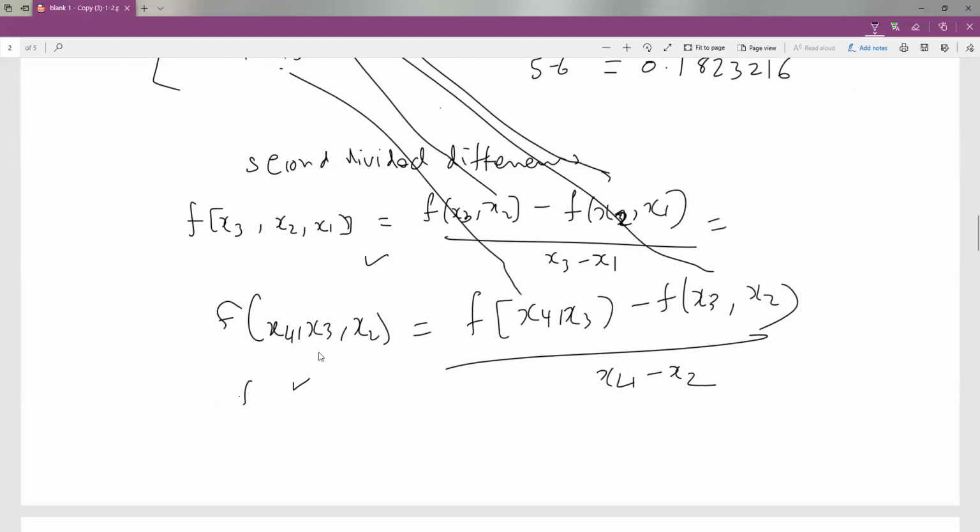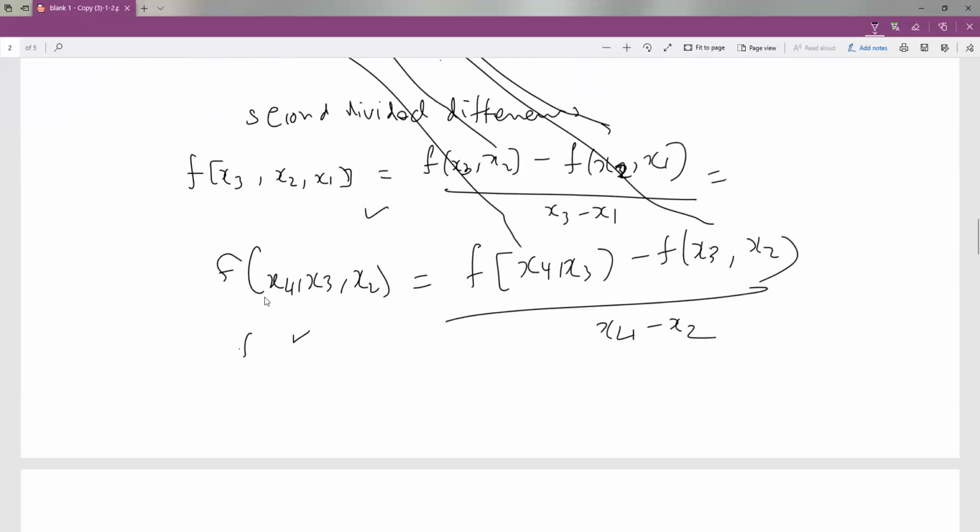So I am writing the final answer. You can evaluate it yourself. That is minus 0.05187311, and minus 0.02041100.